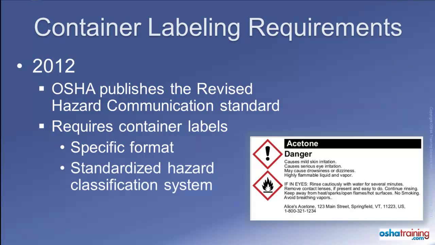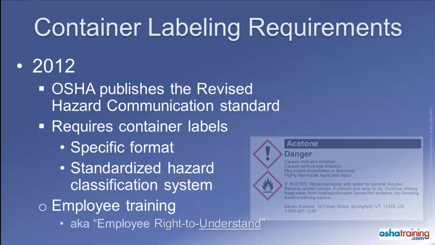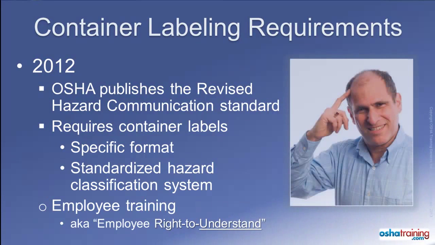And there is a standardized hazard classification system that must be utilized on container labels to convey information about the physical and health-related hazards associated with that product. The HazCom standard also requires employers to train their employees on how to read and understand the new GHS labeling system. So the standard changed from Employee Right to Know to Employee Right to Understand.